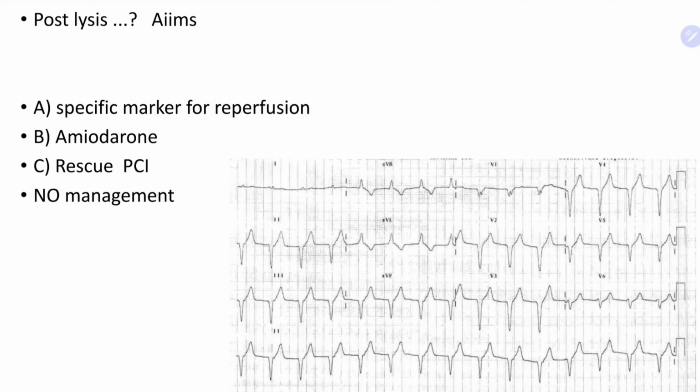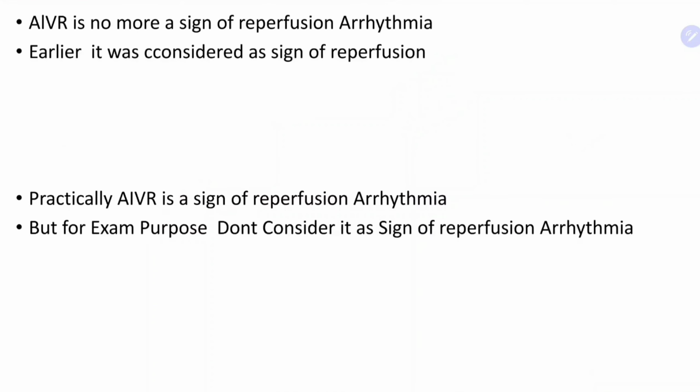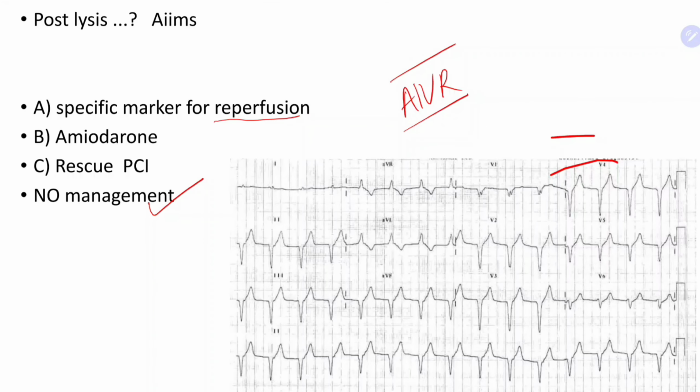Here the answer is no management. Earlier the answer was that it is a specific marker of reperfusion. So basically it is AIVR. This kind of arrhythmia was earlier a specific marker of reperfusion, but nowadays we are not considering AIVR as a sign of good perfusion.